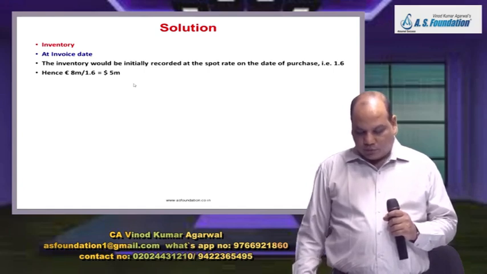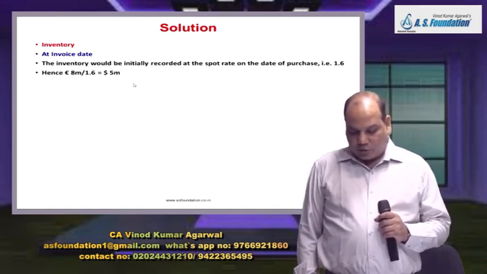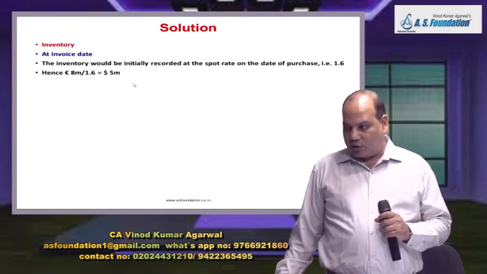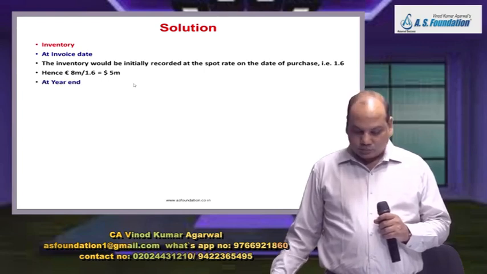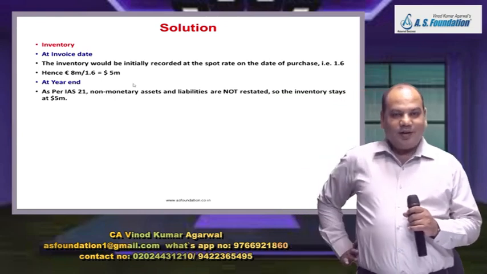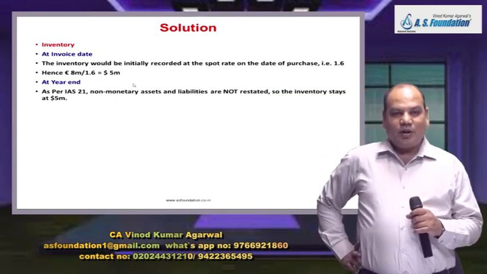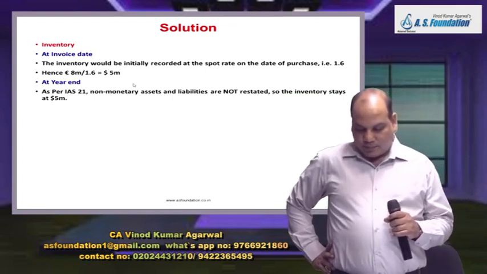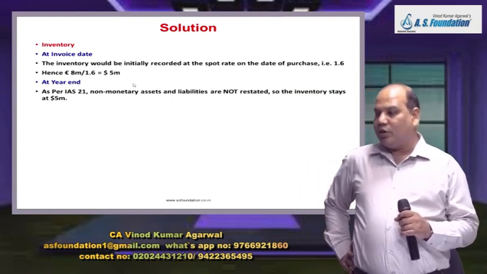So write down therefore 8 upon 1.60 equal to $5 million. Okay? Or have you multiplied? At the year end, as per IAS 21, now inventory is a non-monetary asset.